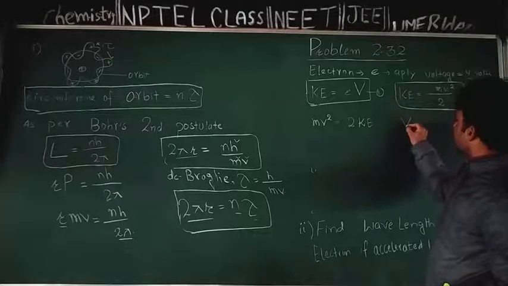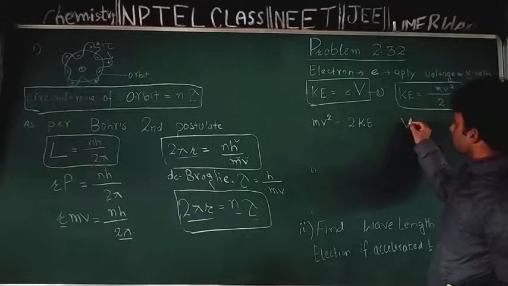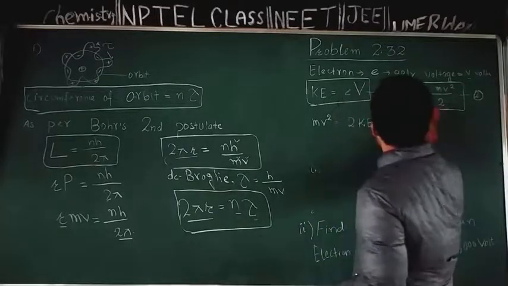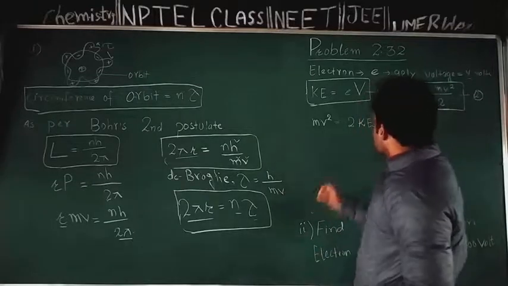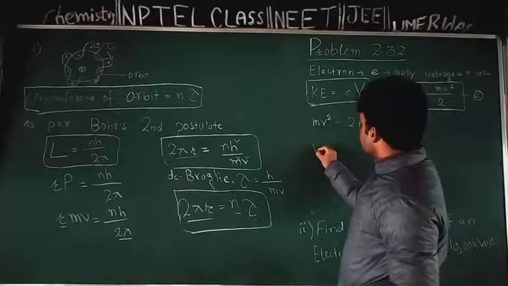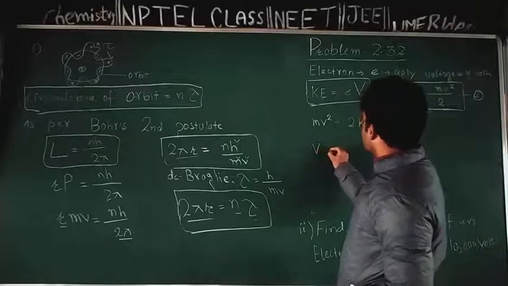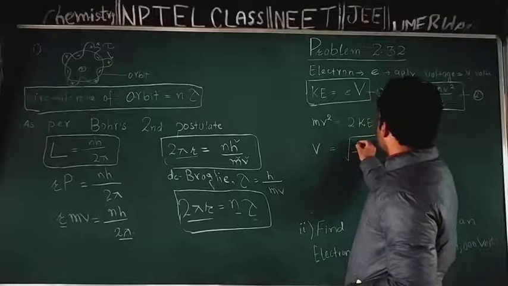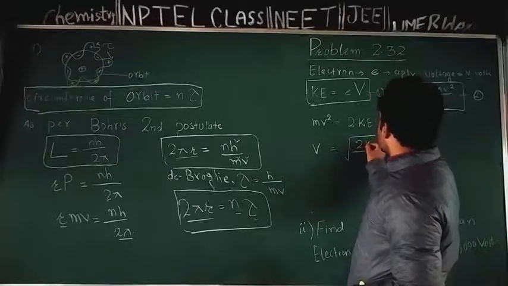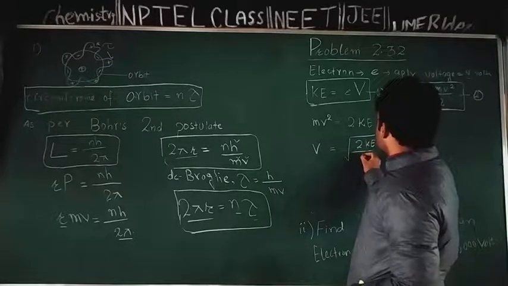or I can write the velocity of the electron in an orbit will be equal to under root of twice kinetic energy divided by m.